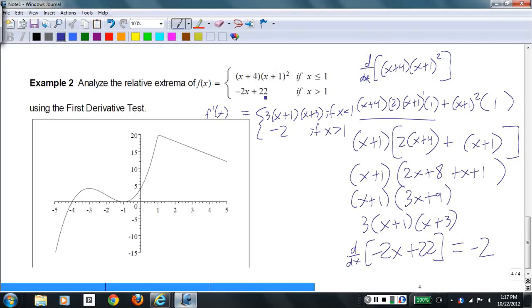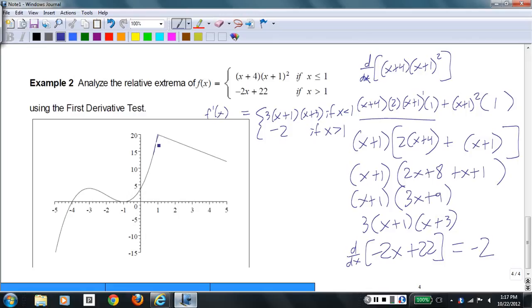And if you evaluate the bottom expression at 1, that's also 20. So they're both approaching the point (1, 20). So it is going to be continuous, but from the left, the slope is approaching 3 times 2 times 4. Is that 24? I believe so.